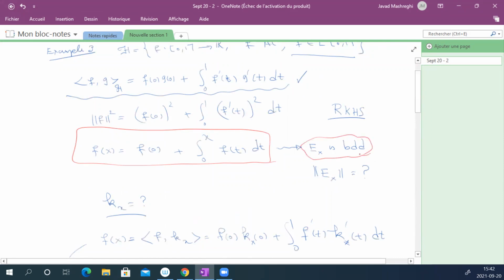That is good. But try as an exercise to use this and obtain an upper bound for the E_x norm.